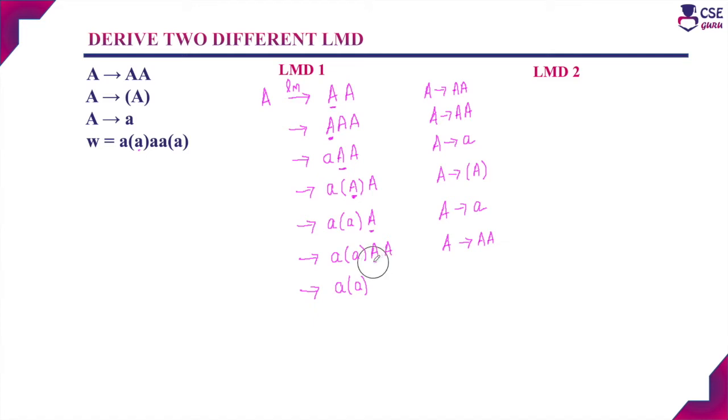Next, choose the leftmost non-terminal and apply the production rule A derives A. Next, we need to get two more A's here. So we will apply the production rule A derives AA. Choose the leftmost non-terminal and apply the production rule A derives A.